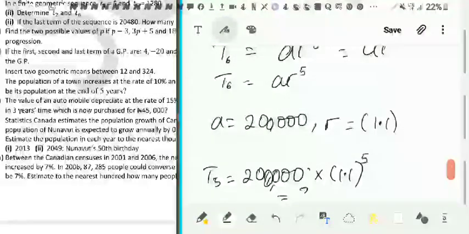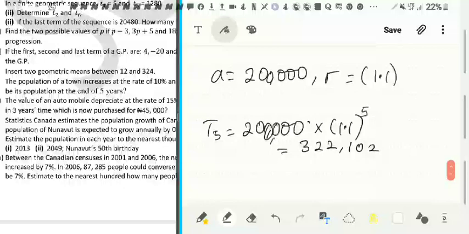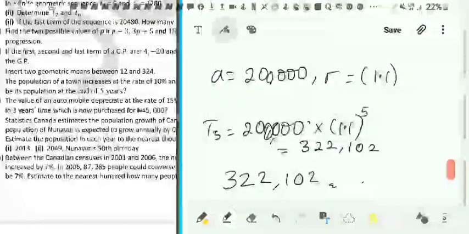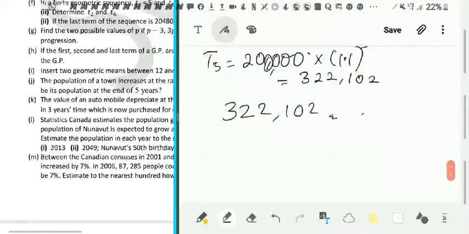This should give me 322,102. So this is going to be the estimated population at the end of 5 years, 322,102 people. If you solve this normally too, without using the GP, you still get the same thing. All right, let's move to K.